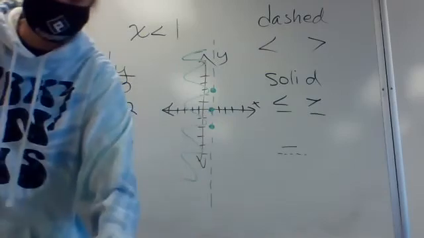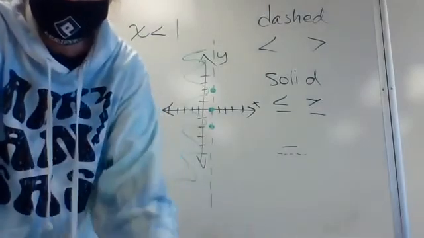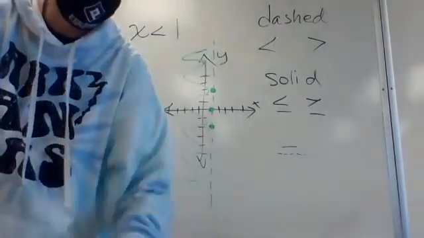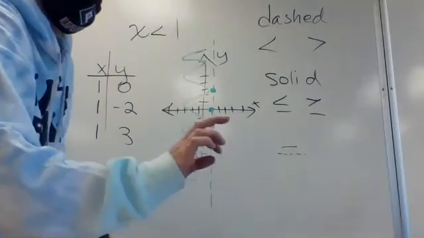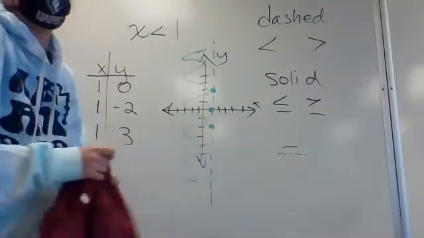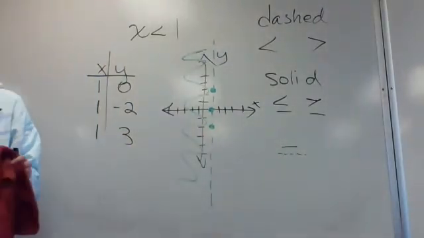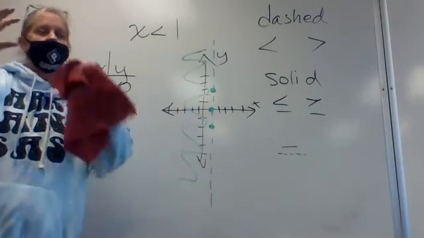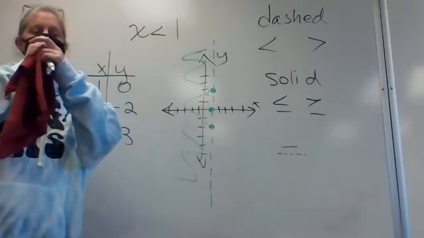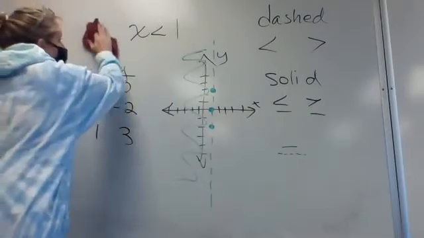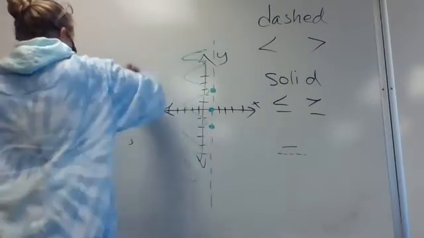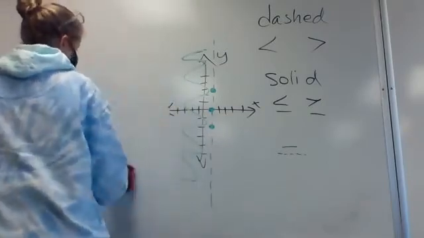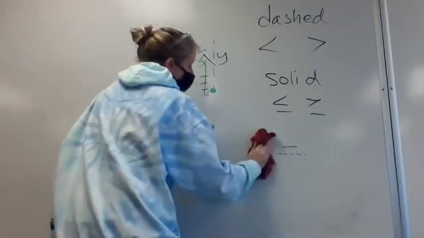Last one. This one has 2 inequalities that we're going to put on the same graph, do the shading, and the answer is where the shading of each of them overlap each other. And this one will be multiple choice.